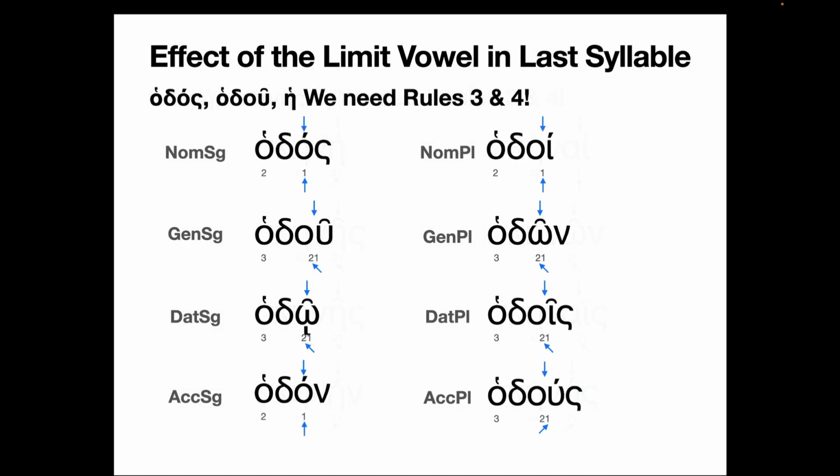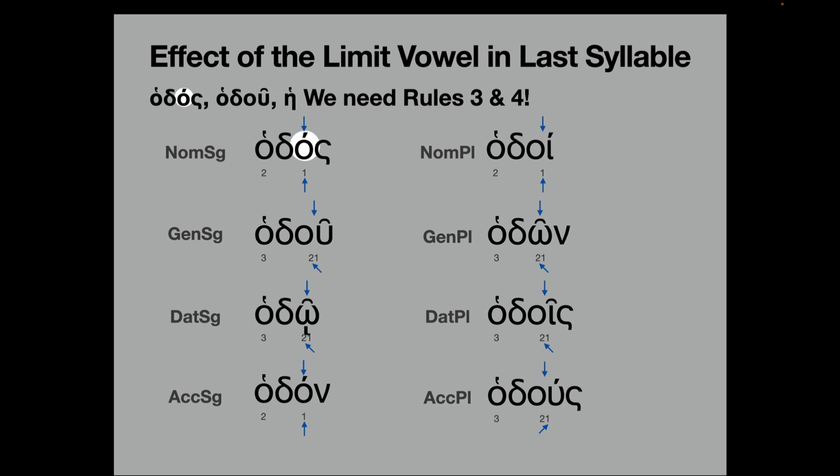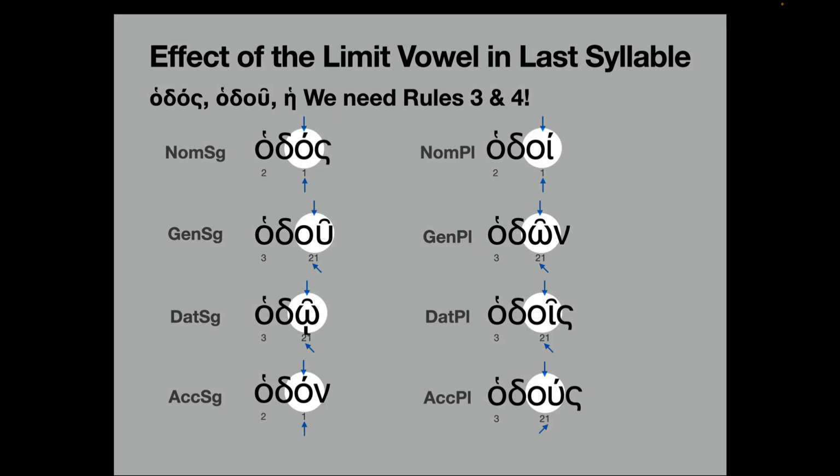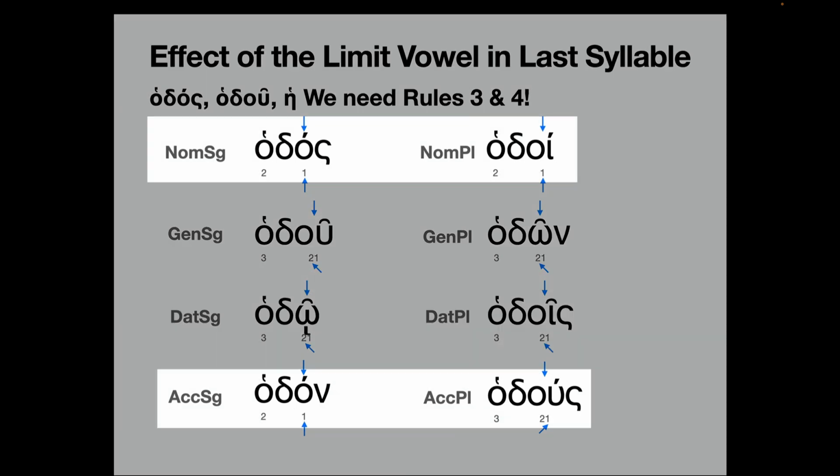And as you go through and learn more kinds of nouns, here's a noun of a different class. This is hodos. This is journey, road, or way. And if you look here, you will see that we have also a limit vowel in the final vowel of the word. So in these, no tone is assigned to anything to the left of the last vowel. And in our nominative and accusative forms, we have processive accent.